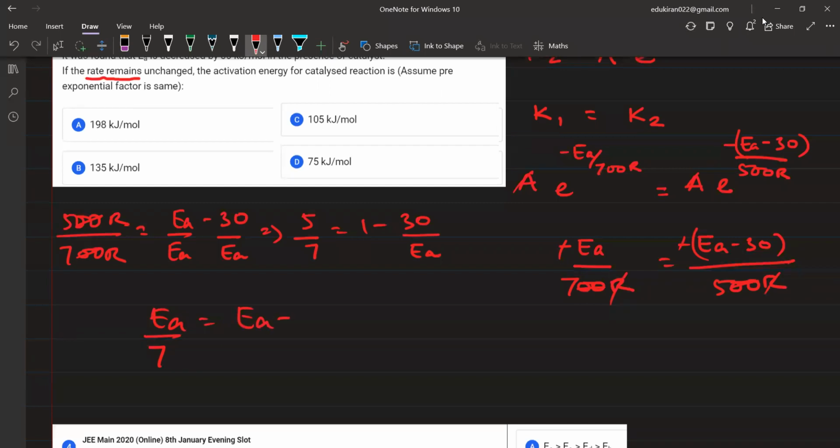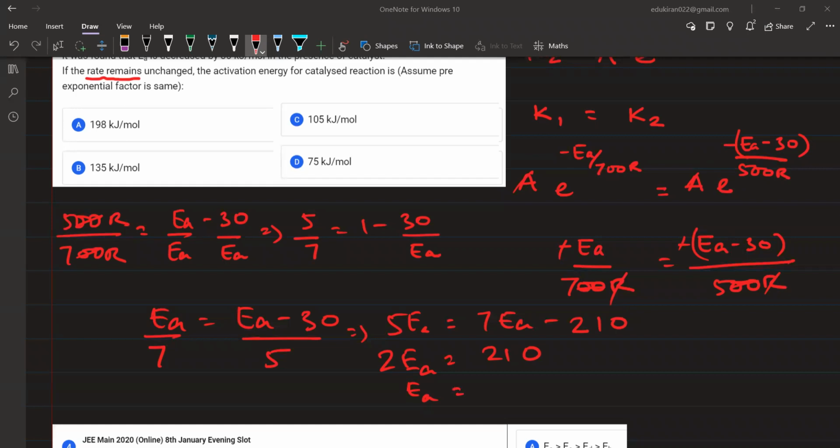It's equal to EA minus 30 upon 5. So 5 EA is equal to 7 EA minus 7 times 30, which is 210. So 2 EA will be equal to 210, so EA will be equal to 105. Yes, the answer was 105. We were getting around 100 at that time. 105 is fine.